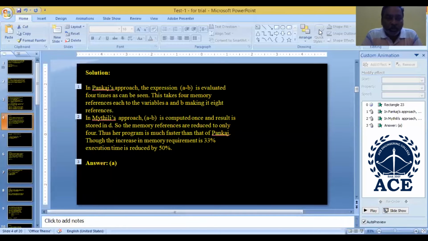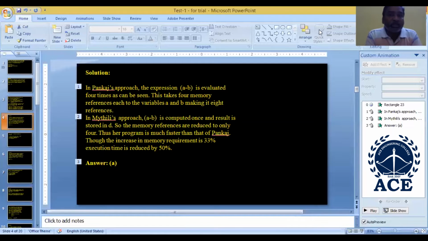Now, the solution. As you can see, in Pankaj's approach, he is writing the program in such a way that A minus B is computed several times. A minus B is written 4 times, which means it is computed 4 times because it is in parentheses and takes highest precedence.